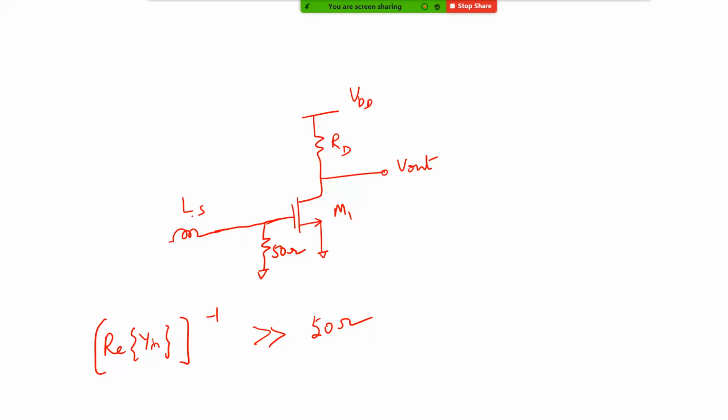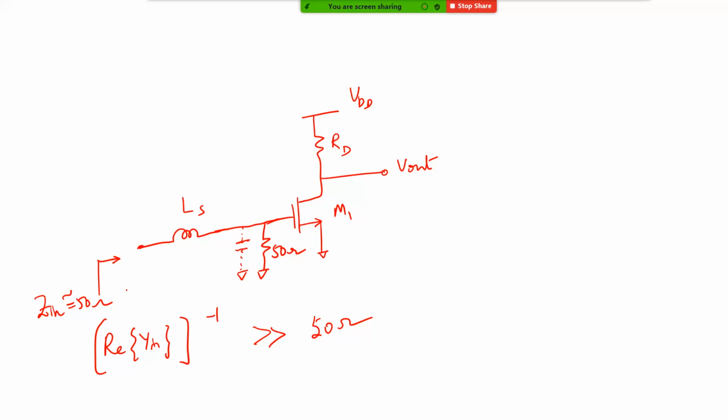Let me say there is a parasitic capacitance sitting here. If you do this and look from here, Zin should be nominally 50 ohm.